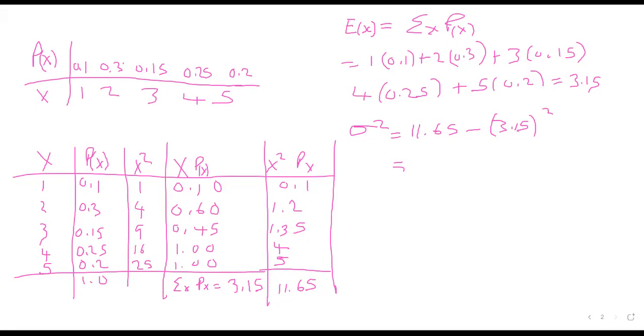Then what becomes our standard deviation? Our variance is 1.7275.